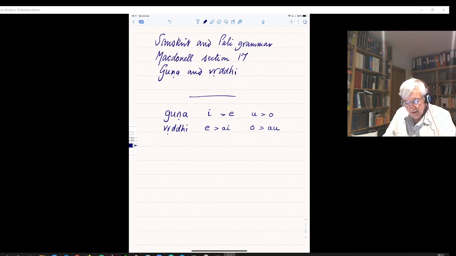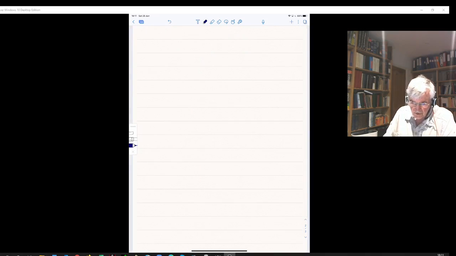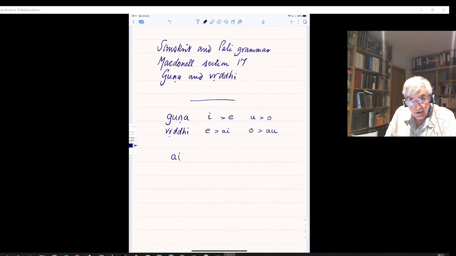What's actually happening here in Guna is the addition, or the notional addition, of the letter A in front of the I. So in Sanskrit phonetics, you never have an A and an I together. It automatically becomes E.